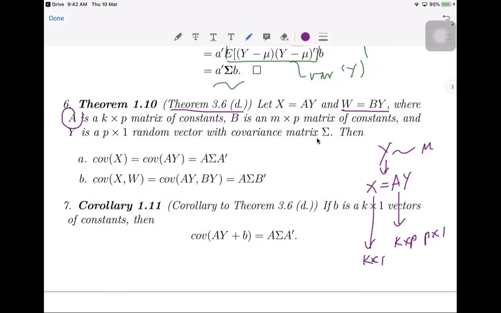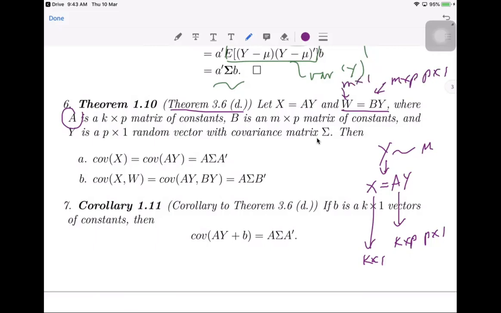And then you have a transformation again on y by pre-multiplying it by an m by p matrix B. Y is p by 1. So this w now is an m by 1 vector.